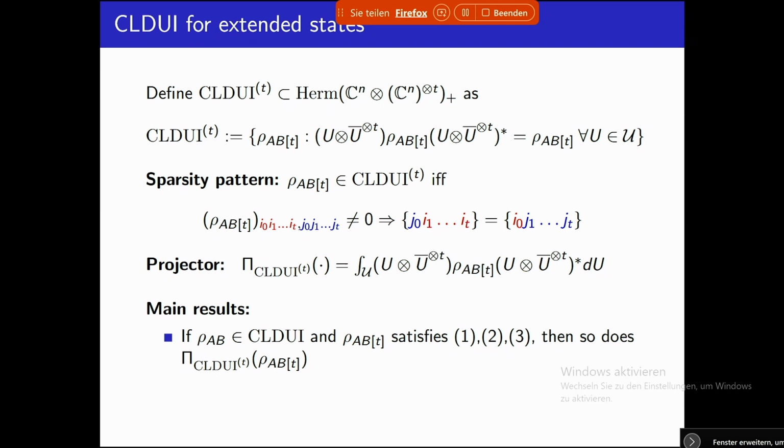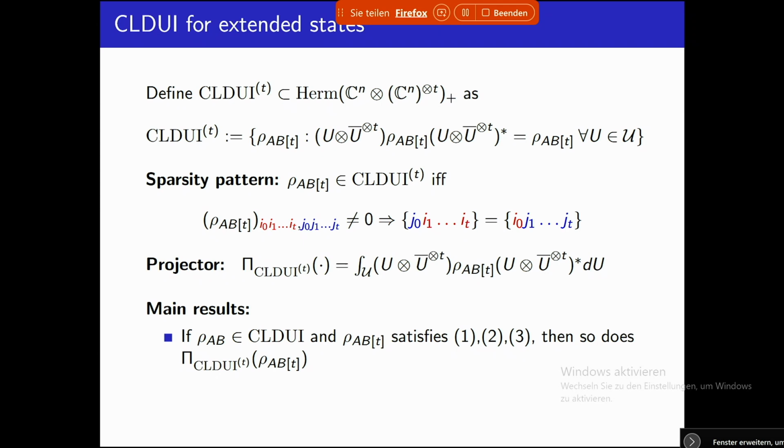Then the statement is, if this is the case, then you can also project this extended state down to this new subspace without violating any of the three conditions. So in other words, you're given a CLDUI state and you want to test membership in DPST, then you can restrict yourself without loss of generality to extended states which already lie in CLDUIT.